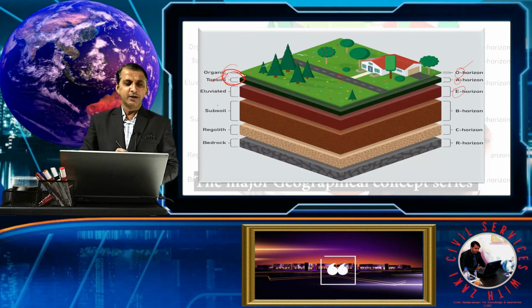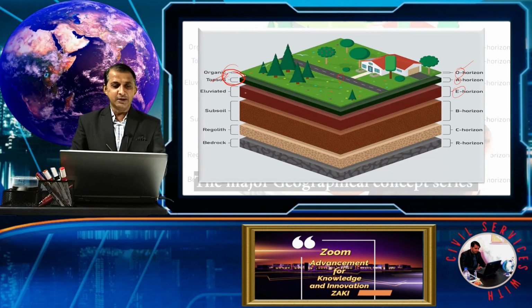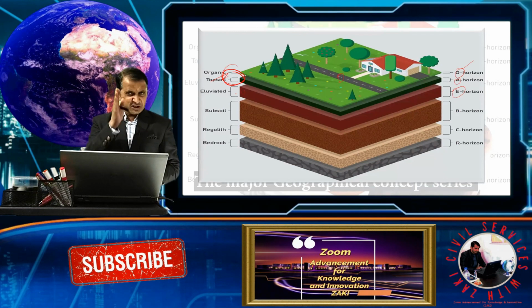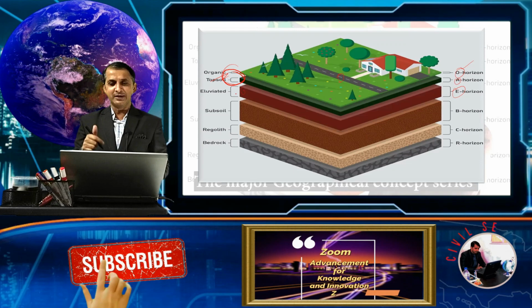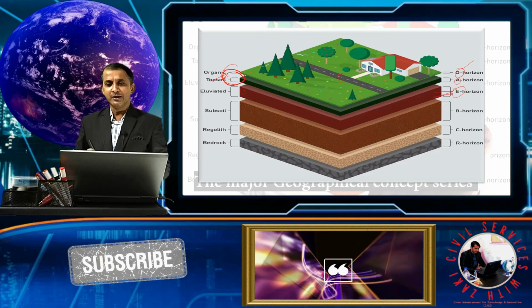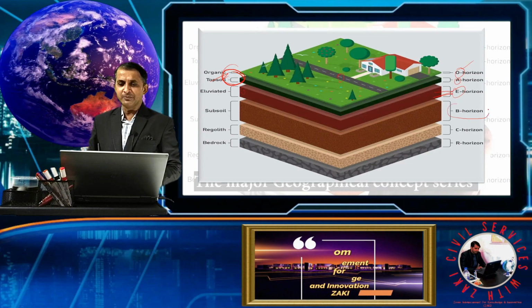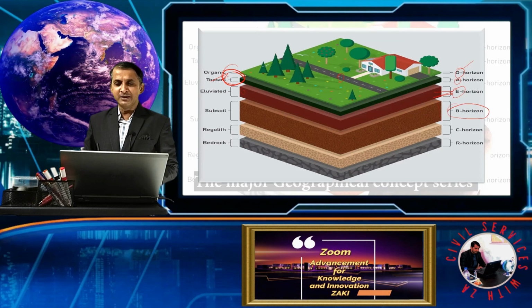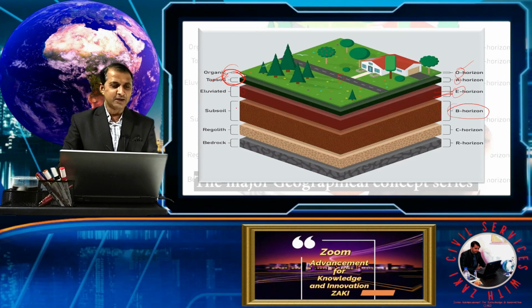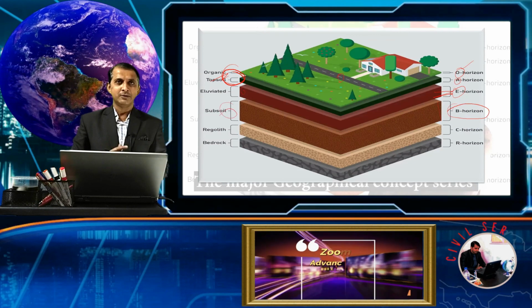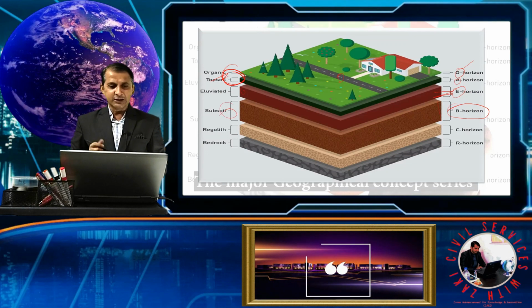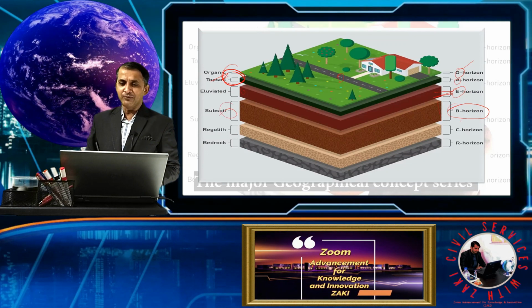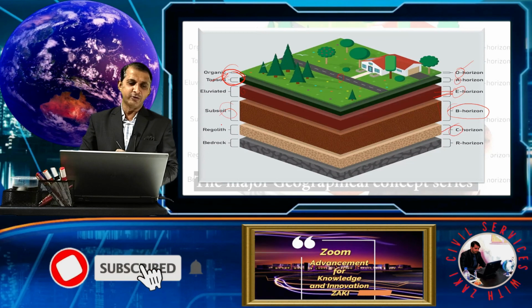E horizon means eluviation, the mixing zone, the leaching zone of this area. The B horizon is beneath the E horizon, and it is called subsoil. Below the topsoil is the subsoil, and also you can find the C horizon, and the C horizon is called regolith.